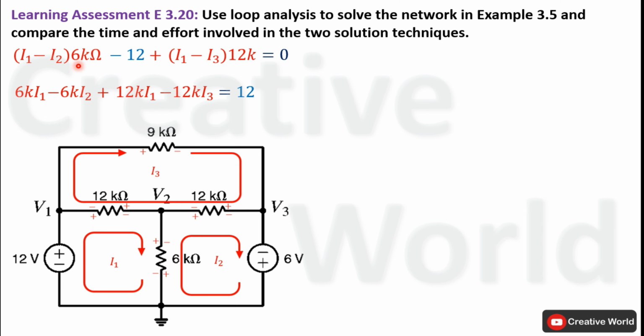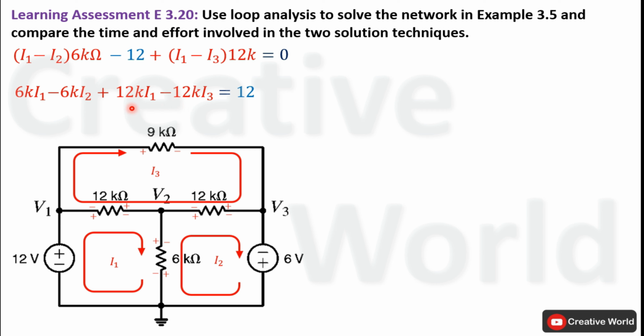Now open these brackets, multiply 6 kilo ohm with variables inside the brackets. The equation will become 6k I1 minus 6k I2. This minus 12 is placed on the other side of the equal sign in order to separate it from variables. Here 12k will multiply with I1, it will become 12k I1 minus 12k I3.